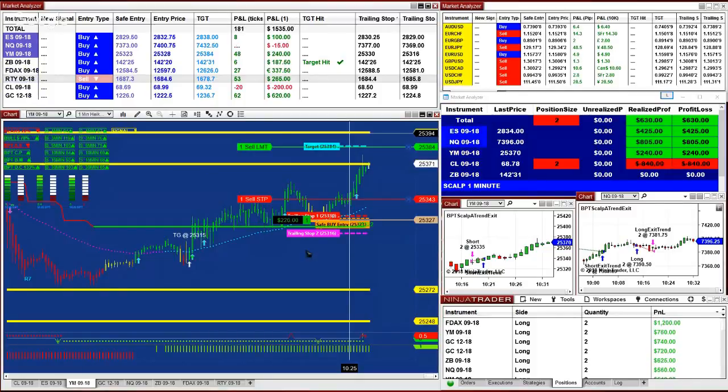I cannot get the mouse to the chart, so just give it a second. Right now in that trade on the market analyzer, we have 177 ticks in profit based on the last signal.